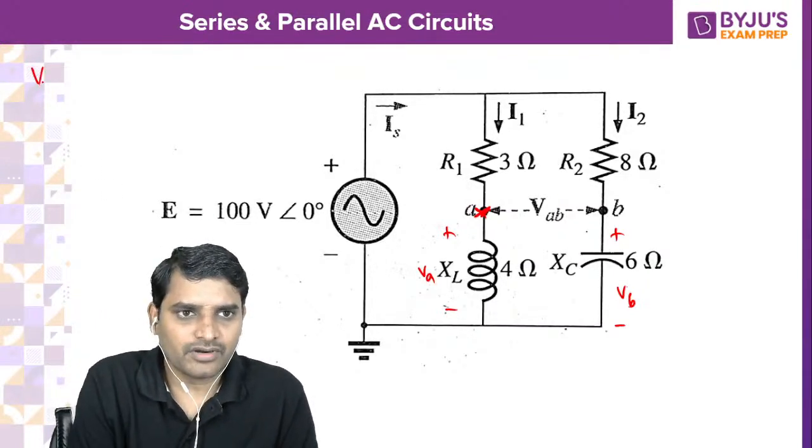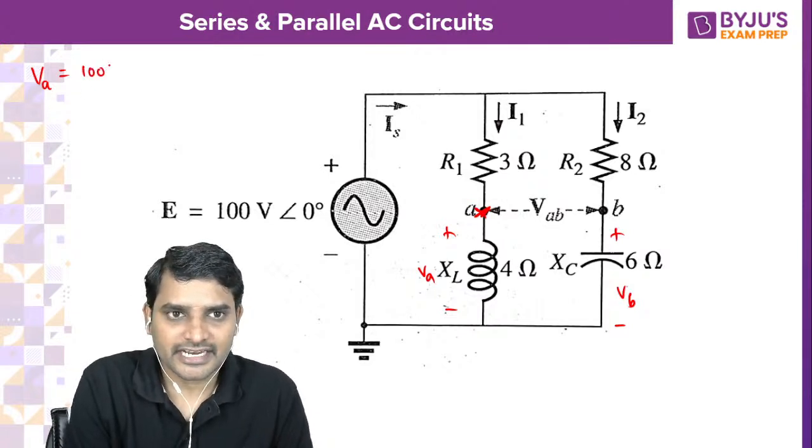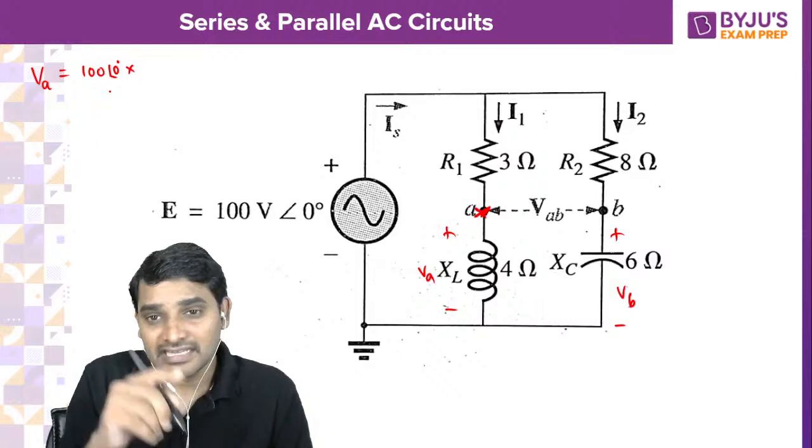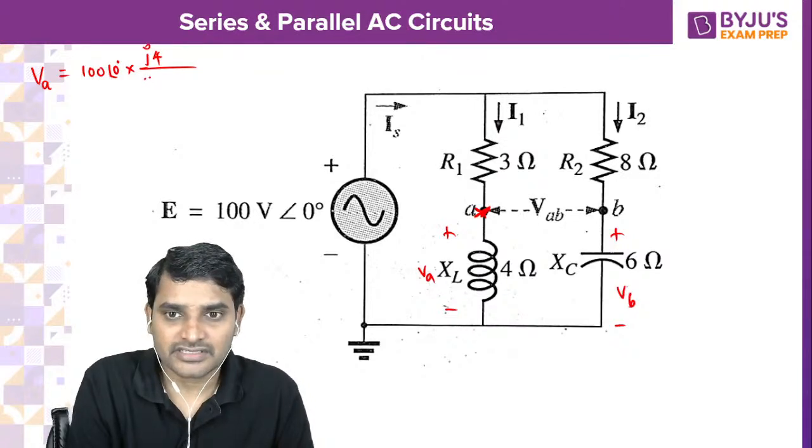So VA, by the voltage division rule, is equal to source voltage 100 at an angle 0 into that reactance, that is j4, divided by total impedance, that is 3 plus j4.